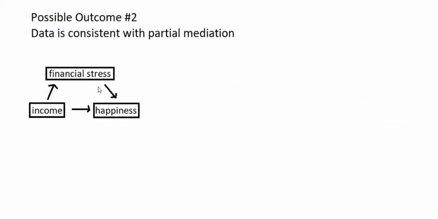If the data is showing all three correlations, and all three of them are significant, then the data is consistent with partial mediation, because both links of the indirect path are there, and the direct path is also there, so both paths are intact. The indirect path and the direct path are both intact, basically.